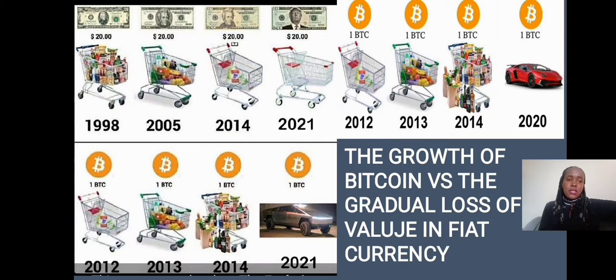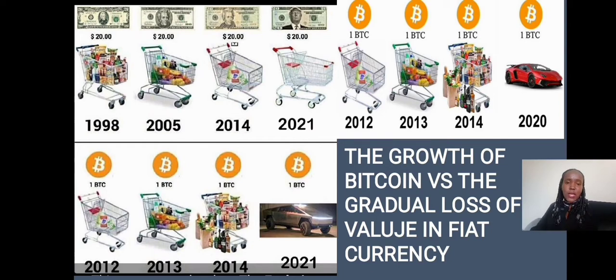This is just an illustration of the growth of Bitcoin versus the gradual loss of value in fiat currency, that is a typing mistake. In 1998, $20 could have bought a lot of things. You see, over time, 2005, the things it could buy decreased, 2014, 2021. But when you look at the value of Bitcoin, it keeps on increasing from the initial time that it was introduced.